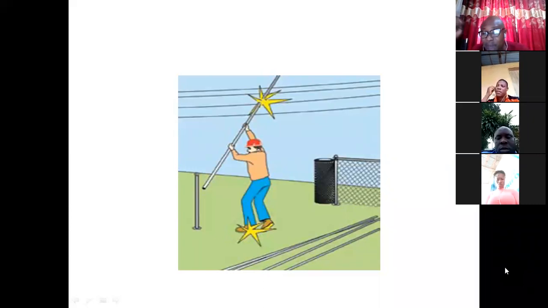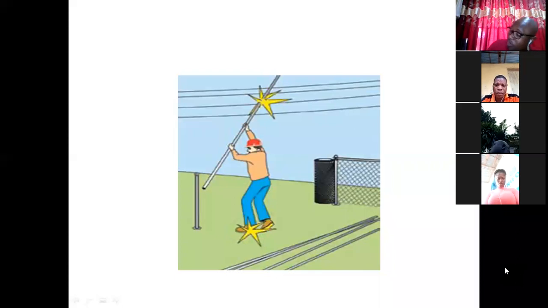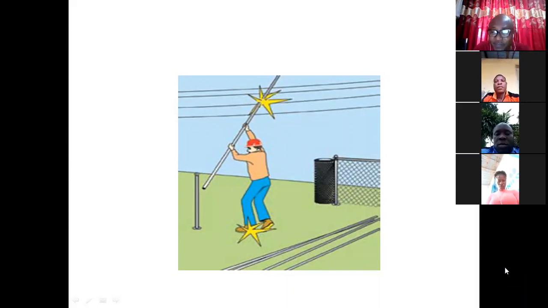He should have calculated the length of the metal pole he wants to carry, to see whether it will touch the high tension or not. But unfortunately, because he did not recognize his environment, he did not carry out hazard analysis. He did not look at his environment. This pole that I want to carry, will it touch this thing or will it not? That was what led to the man's death.